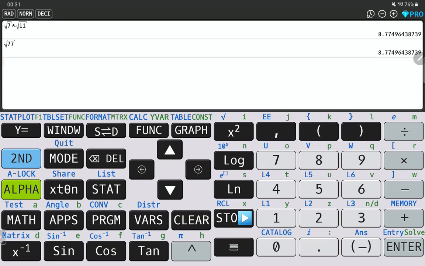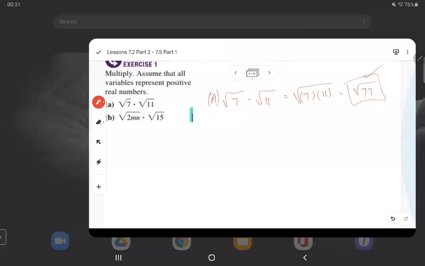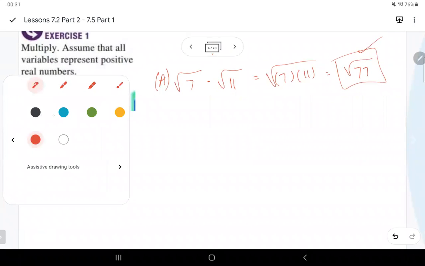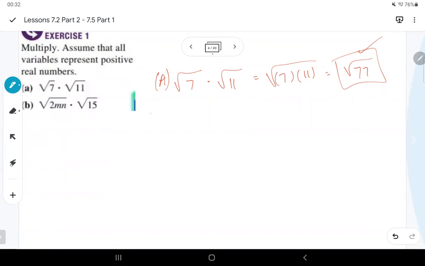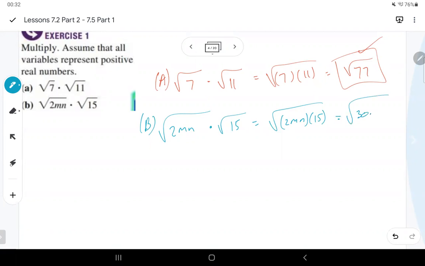Okay, so that's literally what I'm saying to you guys when I say use the calculator to help you on this test. Some of the stuff you can literally double check that you're doing the answers correctly. So here we would do 2mn times square root of 15. They're both square roots, so we'll do 2mn times 15, and that will get us the square root of 30mn.